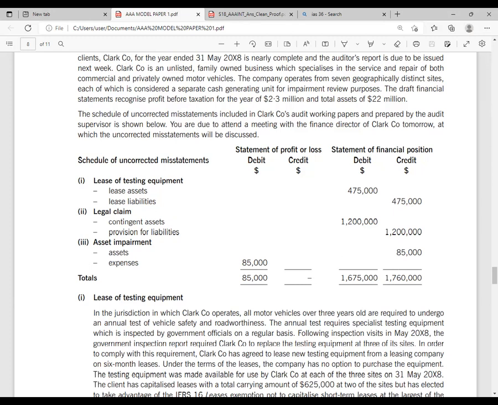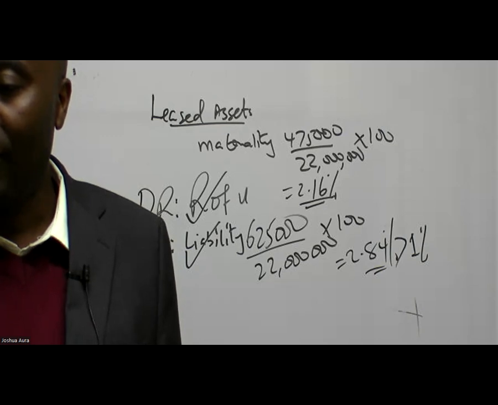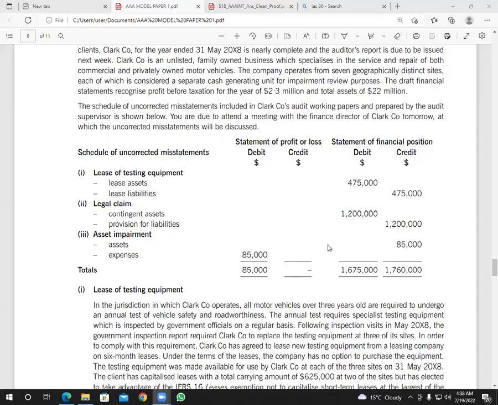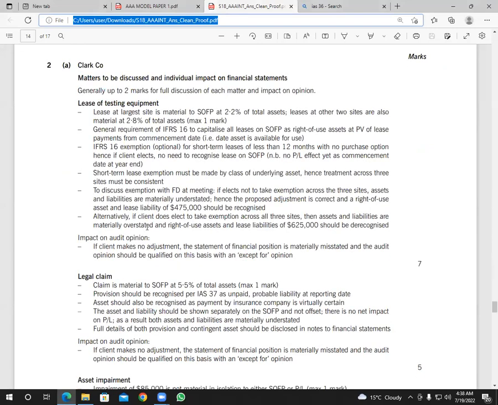Now listen to me very well. We are told here, very interestingly, ladies and gentlemen, that alternatively, if the client does not elect to take exemption across all the three sites, then assets and liabilities now are overstated. Remember those two sites whose liability was coming to 625.